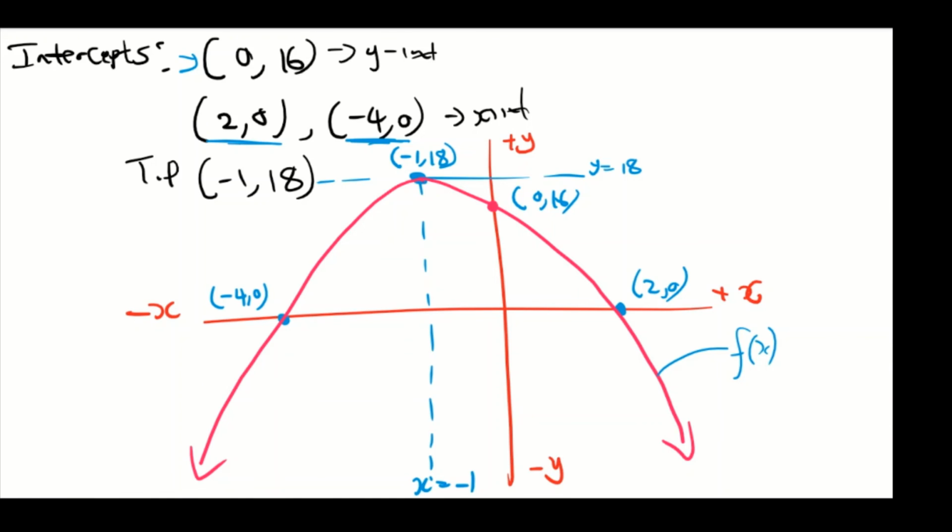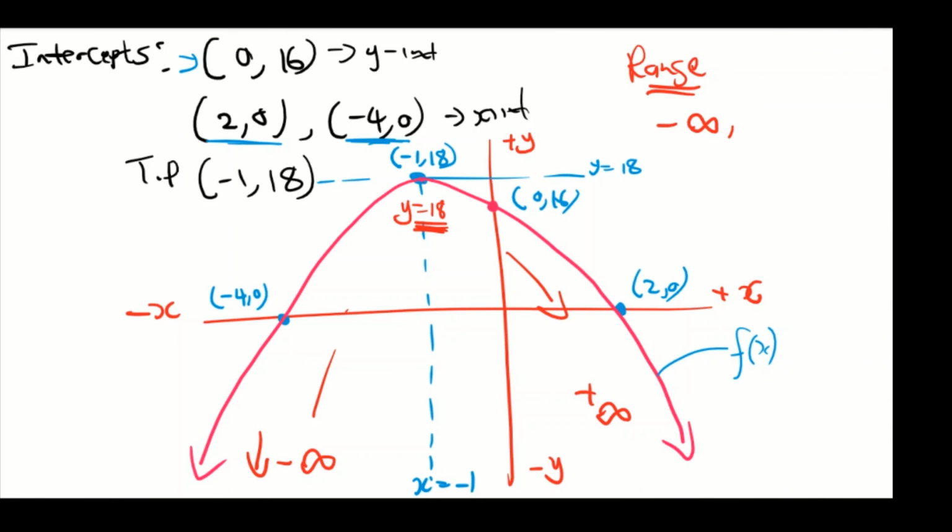Looking at the y values, they come from negative infinity and go up to this maximum point of y equals 18, and then from y equals 18, they go all the way to positive infinity. So you can simply write the range as negative infinity going to 18 inclusive.